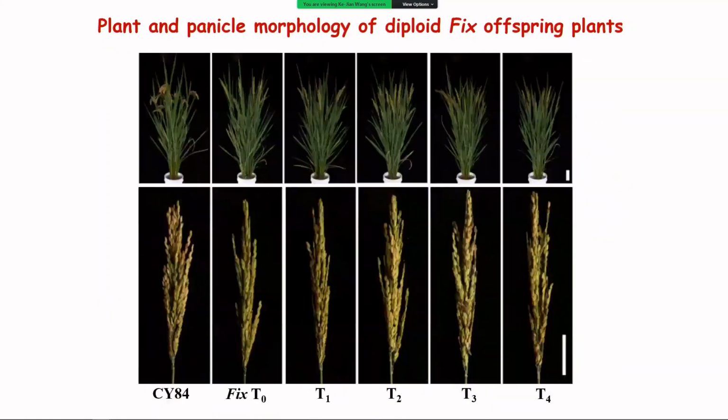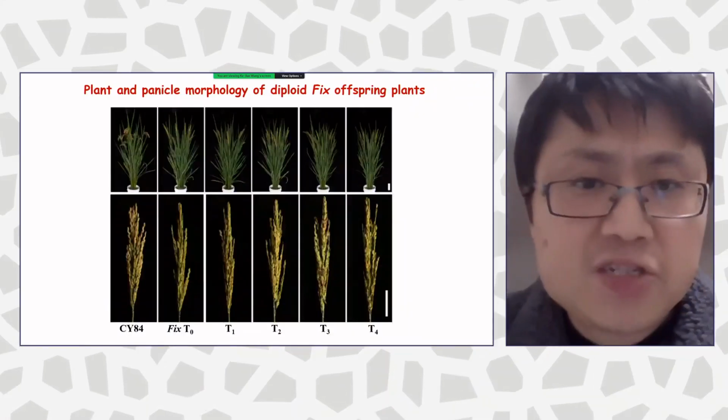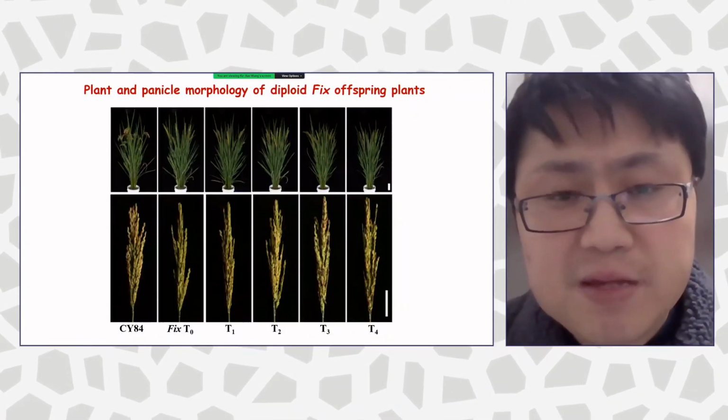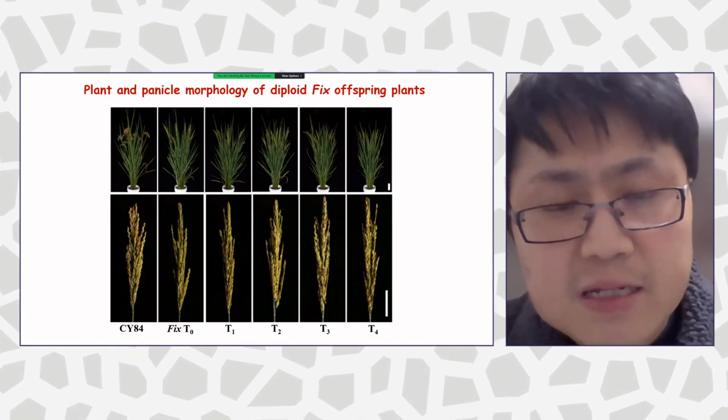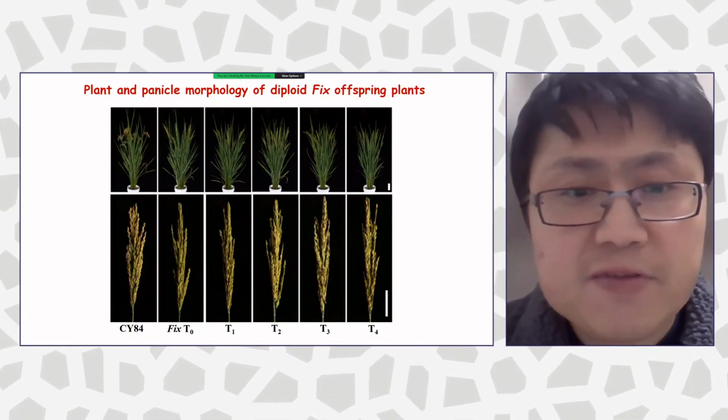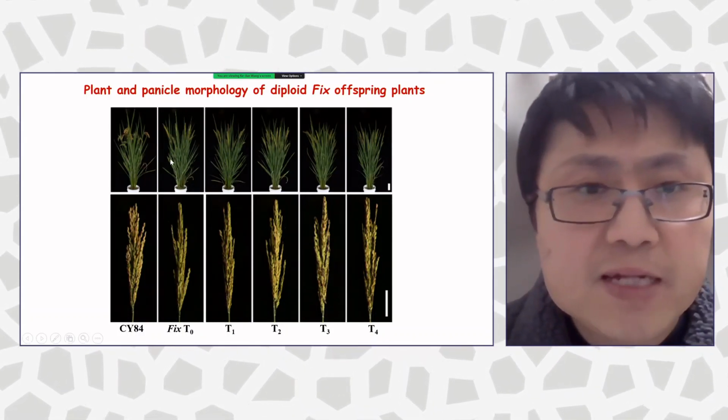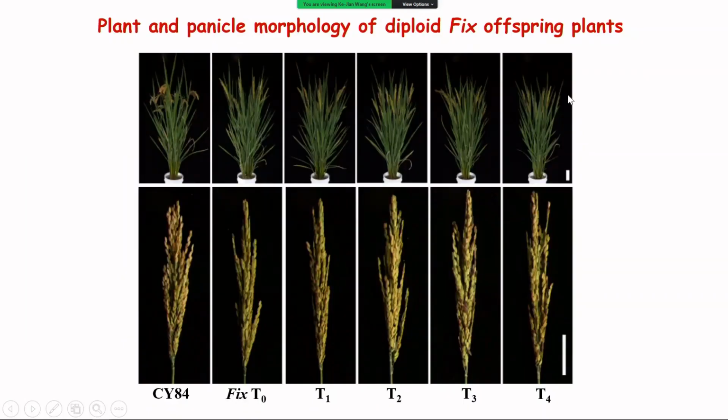We also retained the seeds in each generation and planted them in the same paddy fields, and found that they displayed nearly the same phenotype, indicating that the apomixis phenotype can be inherited stably from generation to generation.